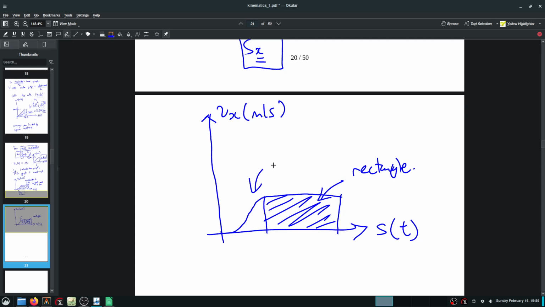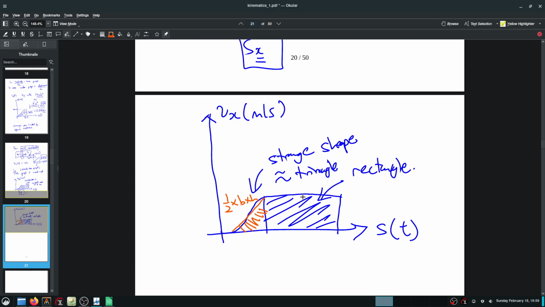So this is a strange shape, but maybe it is like a triangle. Let me use a different color. Maybe I'll say it's a triangle. I can use the half base times height formula.